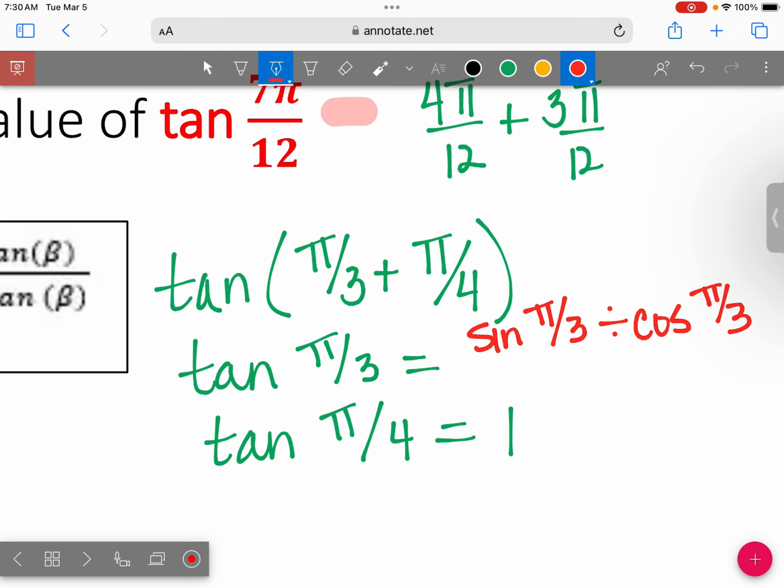Take out your unit circle. If you don't know what it is yet, take the sine of pi over 3 and divide that by the cosine of pi over 3. And do your keep change flip.